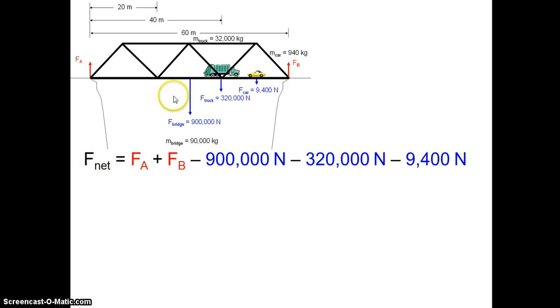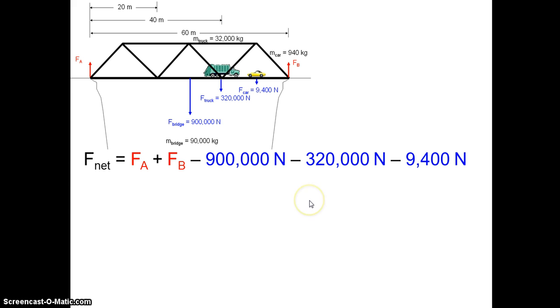That's 0 because it's not translating. FA and FB are unknown. I don't know either one of them. We know the sum is equal to the sum of those, but we don't know what FA or FB is individually. So we're kind of at a loss. My point is, the stuff we learned first semester is good up until a point. We really need to use some other information.